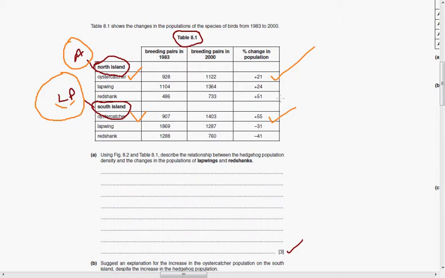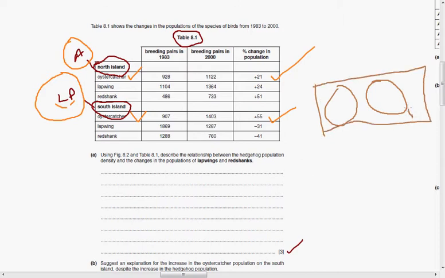For example, there are two groups, and there is the same food here. So probably if this group has to increase its number, this group has to decrease its number, unless this group does not feed on this. And that's what happens.